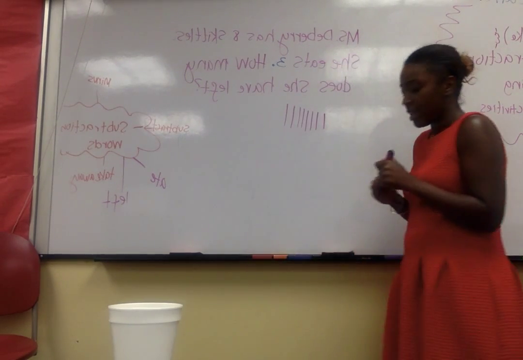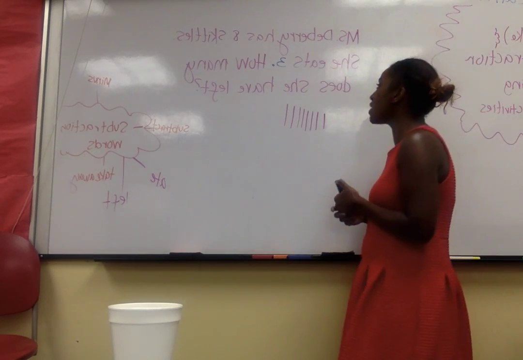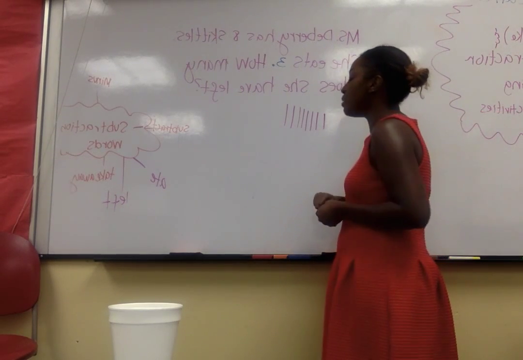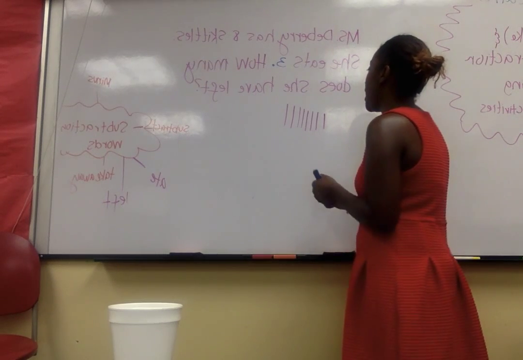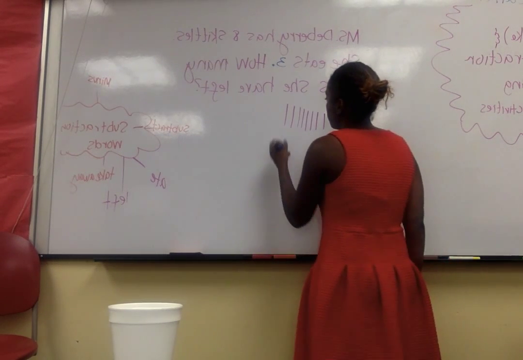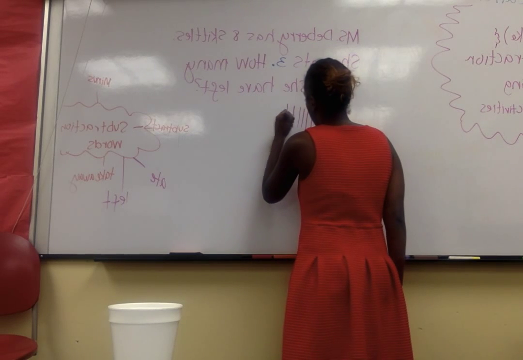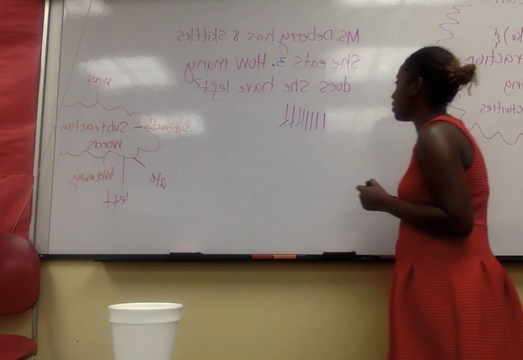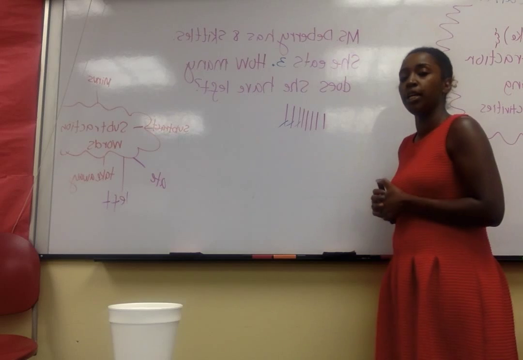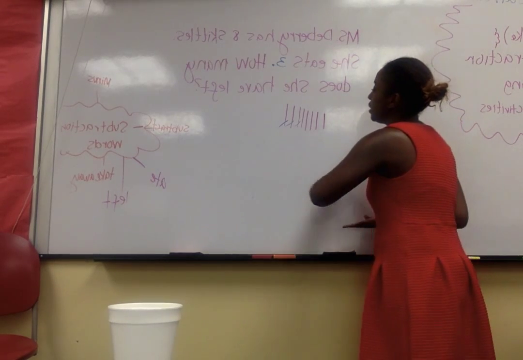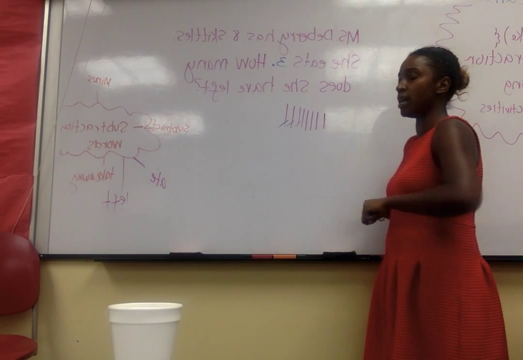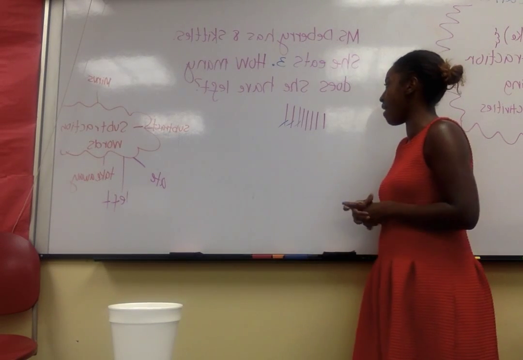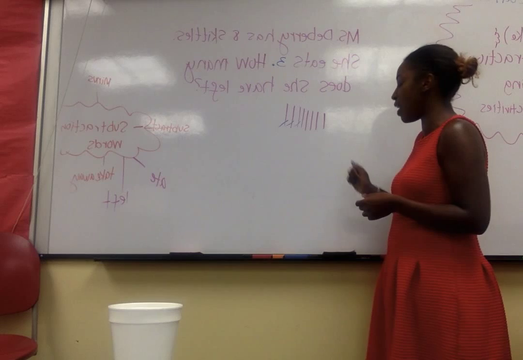Okay? Now I'm going to cross out 3 tally marks to represent the number of Skittles that I ate. 1, 2, 3. Okay? Or I subtracted 3. So now I'm going to count the tally marks that do not have X's on them, or that I did not cross out.